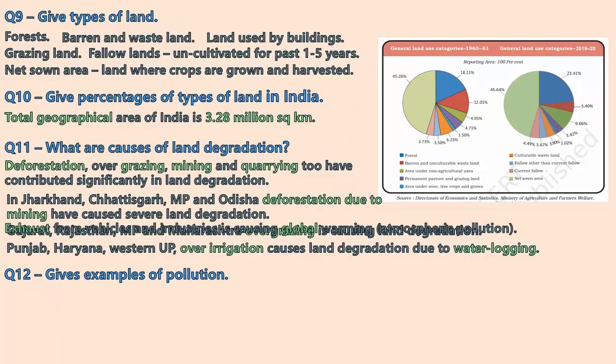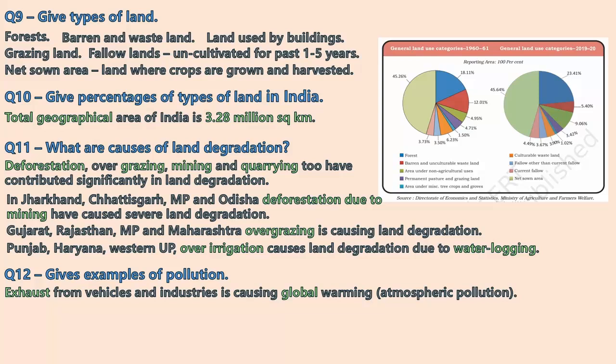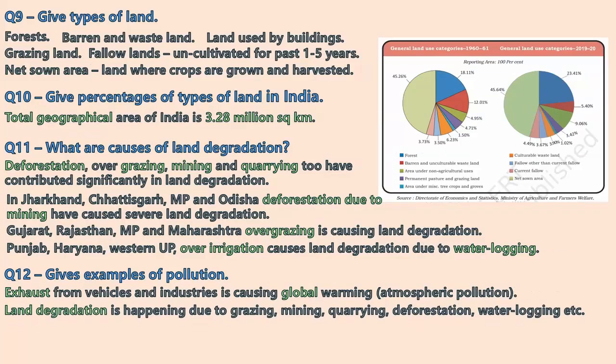Give examples of pollution. Exhaust from vehicles and industries is causing global warming, which is atmospheric pollution. Whenever you do some industrial activity, carbon monoxide, carbon dioxide, everything is released, and that goes into the atmosphere and causes global warming. Land degradation is happening due to grazing, mining, quarrying, deforestation, waterlogging.